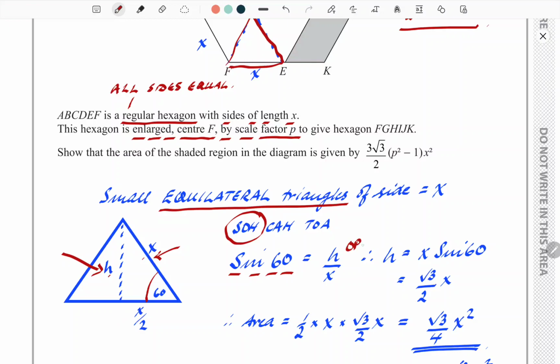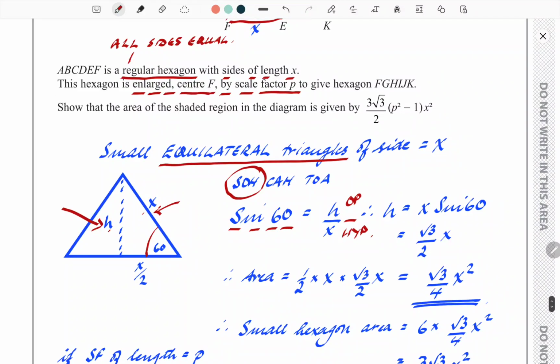Opposite over the hypotenuse, okay? And so rearranging that, h equals x sine 60. Put that in your calculator. h equals root 3 over 2 times x, all right? That value there. And so the area will equal the base times height times a half.